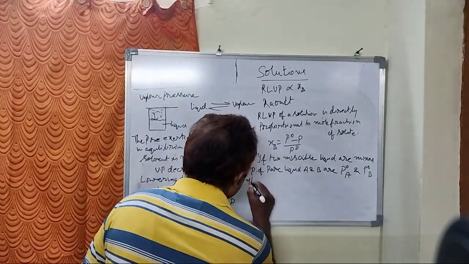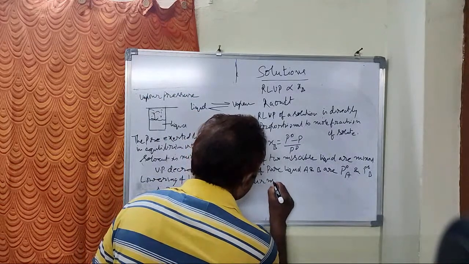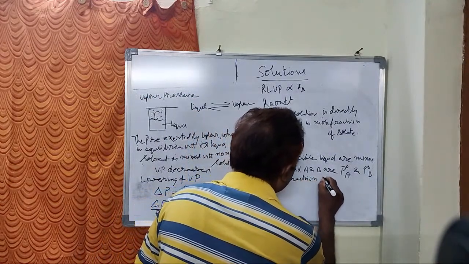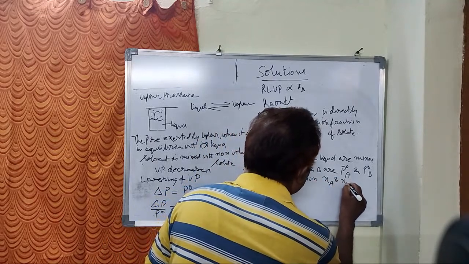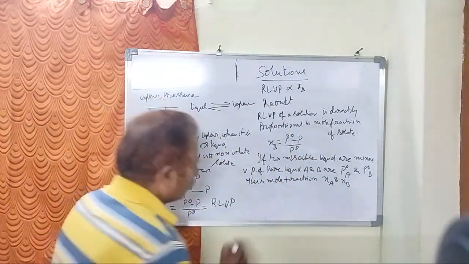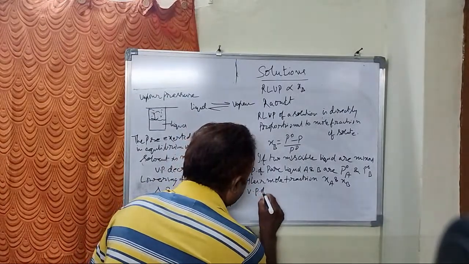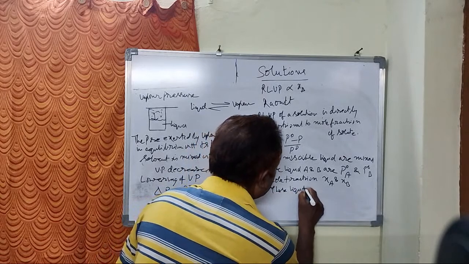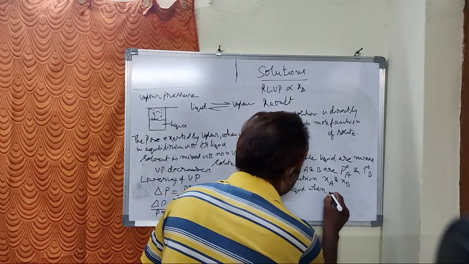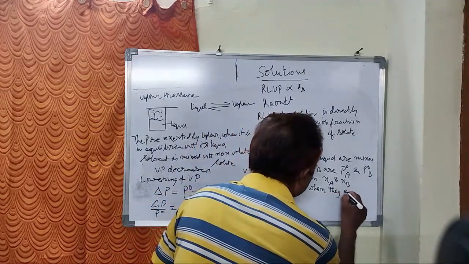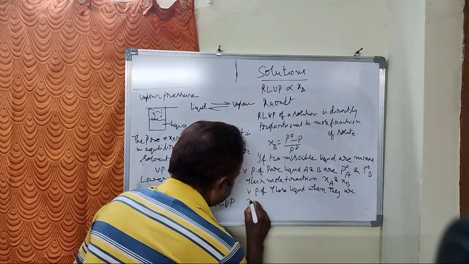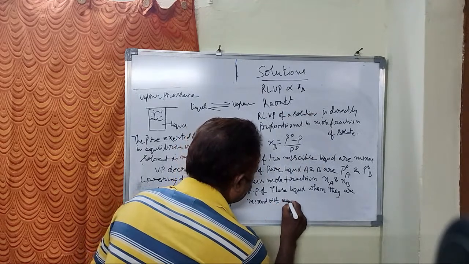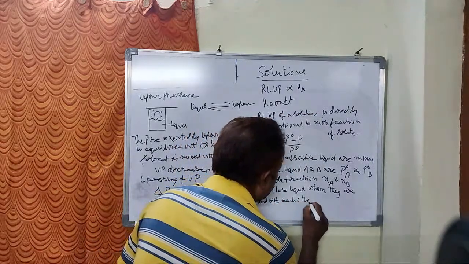Then their mole fractions are XA and XB. Then, when they are mixed with each other, what is the vapor pressure?